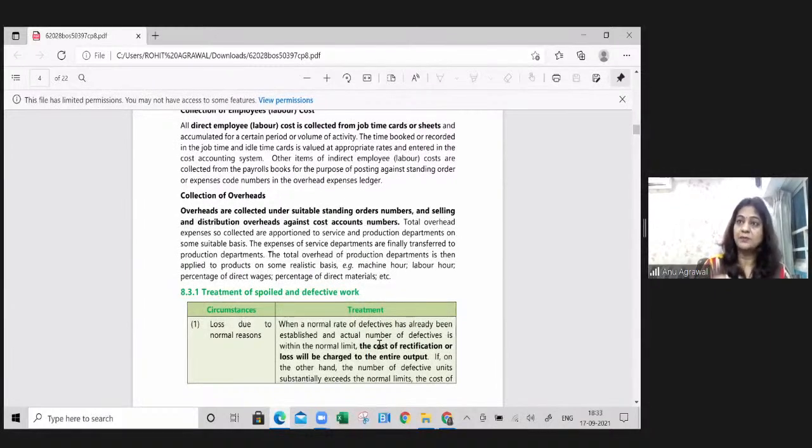When you say something is spoiled, that means it is beyond repair. What example do I give so that you are able to associate faster? Let's say you are making a roti, a paratha. Or, for students from south India, you're making a dosa.